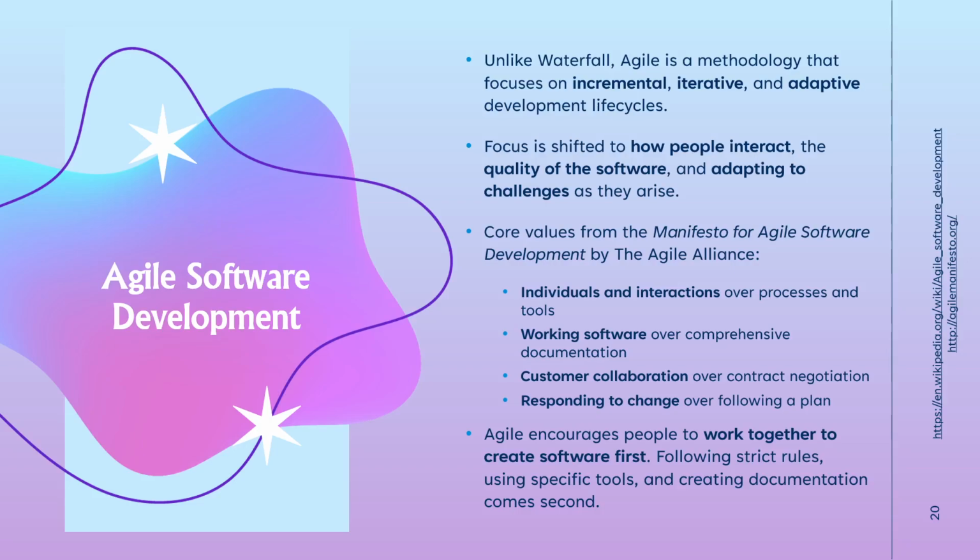In fact, they explicitly state that those things on the right are still very important, but they want to put the things on the left over those things, that they're more important than those things, that the individuals and how to interact is more important, that the software works over just creating really good documentation, that the customer is really involved over just putting together a contract, right? Responding to change over following a plan. Sometimes plans don't go to plan. Agile encourages people to work together to create software first, and then everything else comes second.